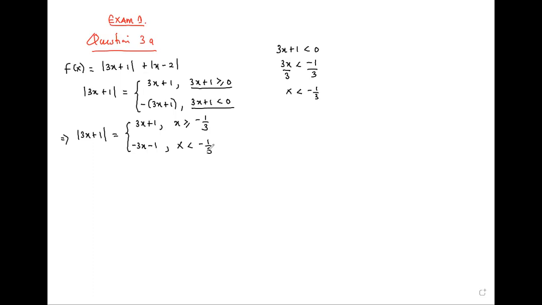So we are done with the modulus of 3x plus 1. Then we get the modulus of x minus 2. This is defined as x minus 2 when x minus 2 is greater or equal to 0, and negative x plus 2 when x minus 2 is less than 0.